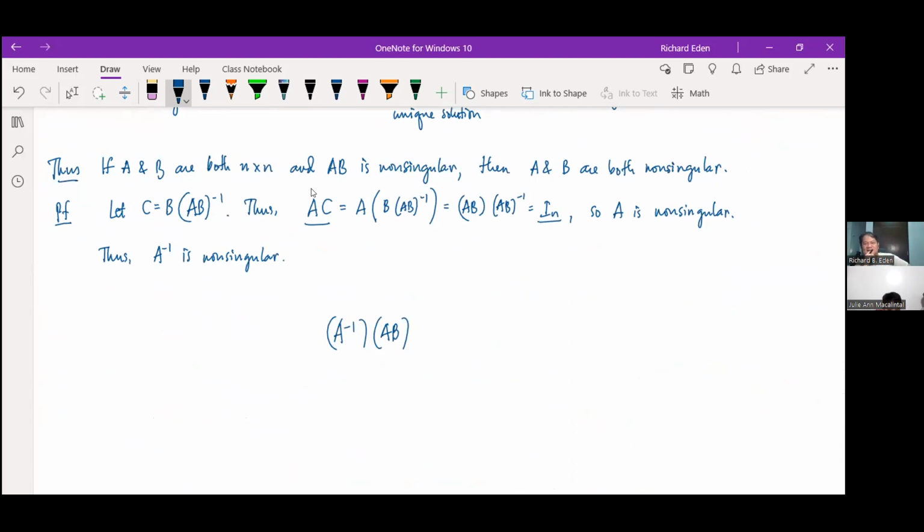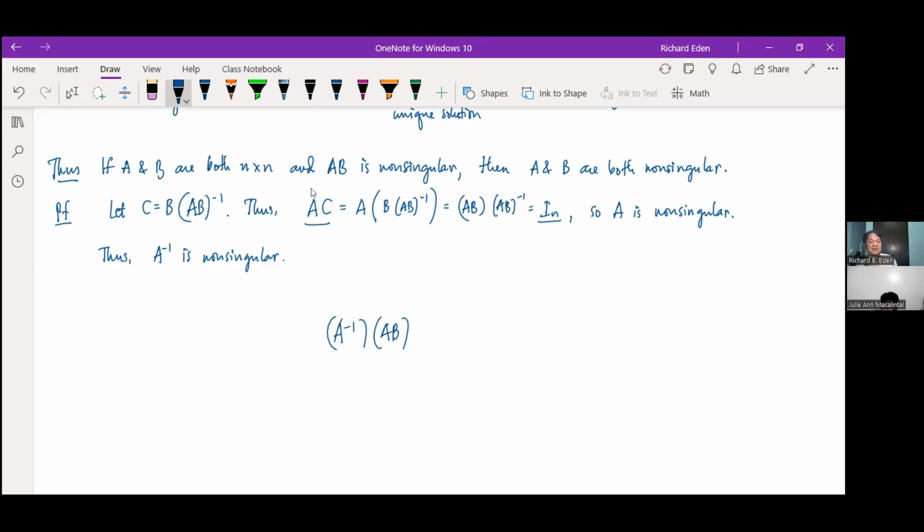So, multiplying by B: A inverse times A times B, by associativity, gives 1 times B, which equals B. So this product is equal to B, right?